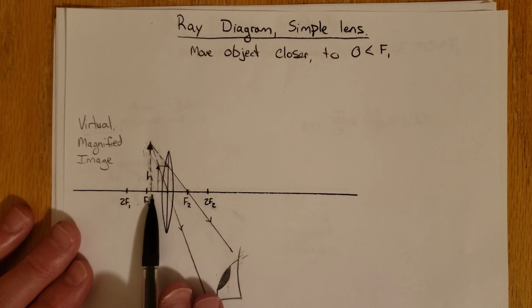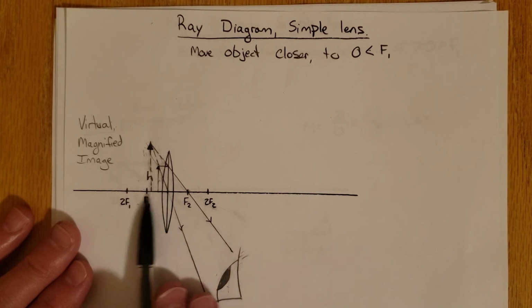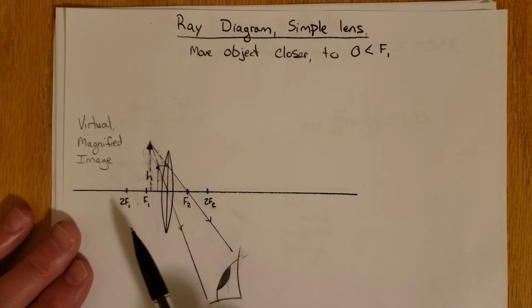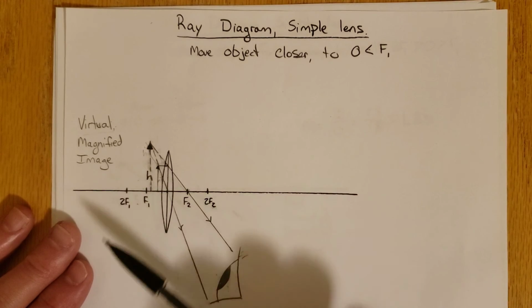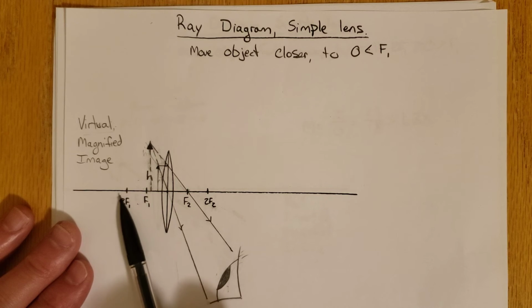So that tells us what happens if our object length is less than our focal length. Now let's go in the other direction. Let's start again at our original object distance and move backwards.